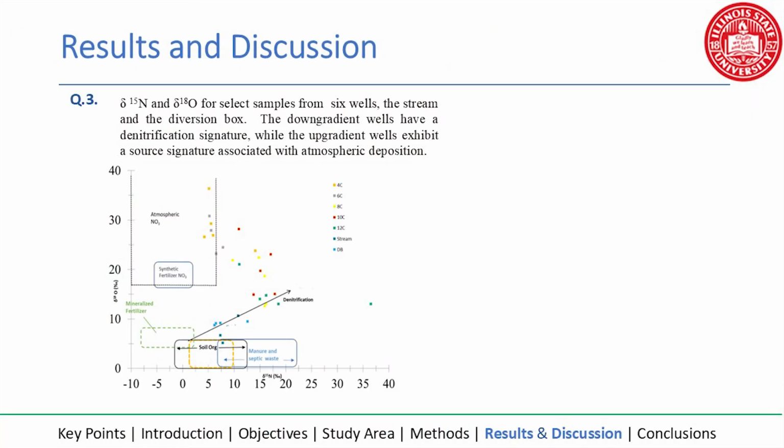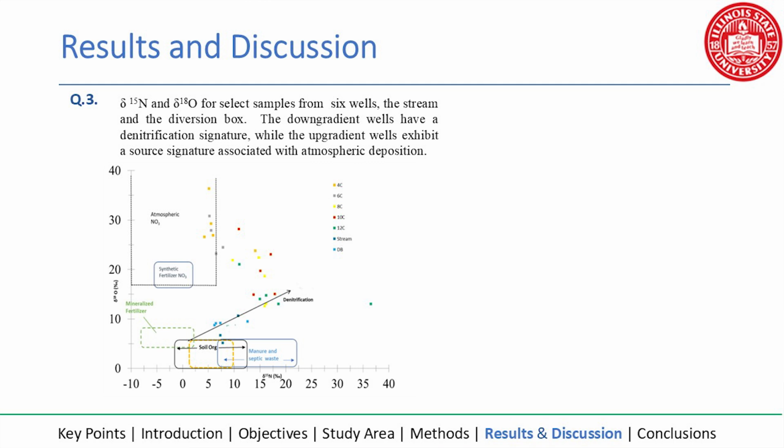Another student was interested then in confirming whether or not we're seeing denitrification. And so she was doing work examining the nitrogen isotopes. And the nitrogen isotopes, along with the oxygen isotopes, can give us an idea of what the source is. So what is contributing the nitrogen.